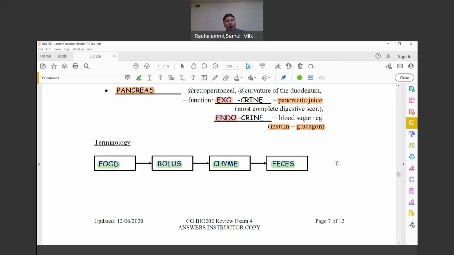This is now going to be called our feces. So it is the feces that we eliminate from the body. I hope that made sense, and that really completes our review of the digestive system and the study guide for the digestive system.